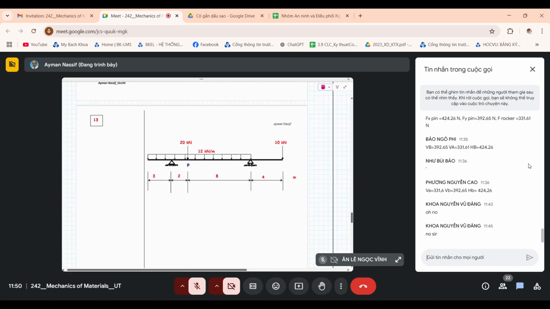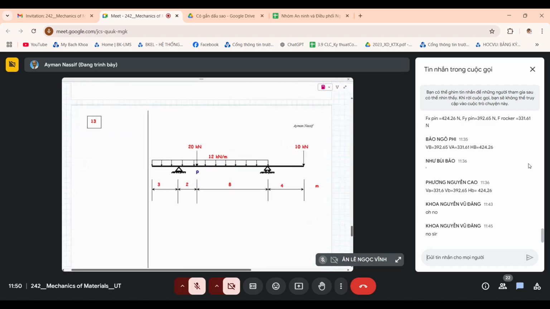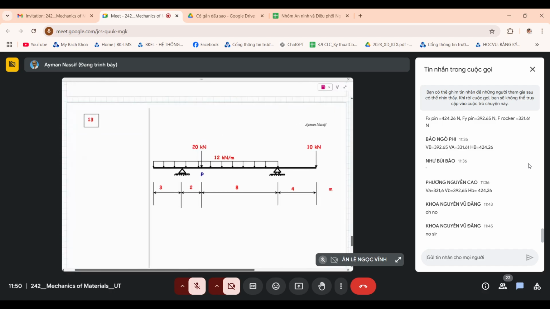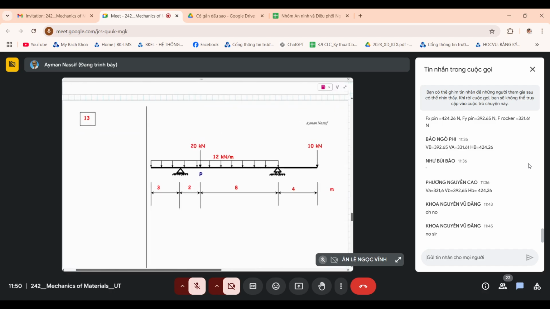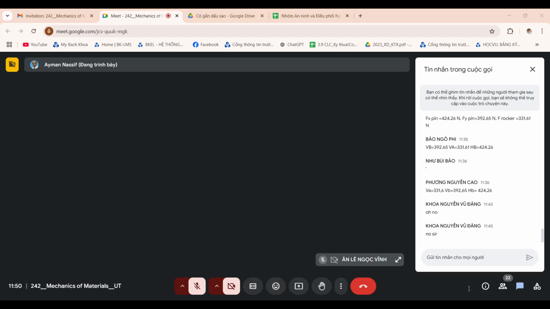At least take a snip or a screenshot of this problem minimum, and please calculate the reactions for this kind of problem as a starting point anyway. It will make life more complicated for you, I'm sorry to tell you. But as a starting point, please take a snip and submit your solutions to us before you come next week. Any question, please?